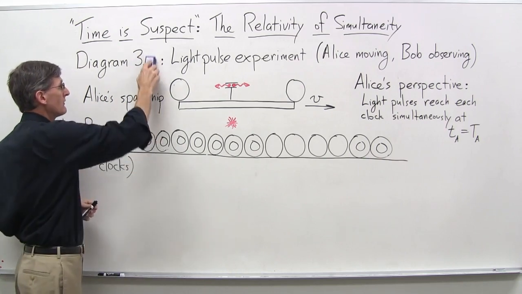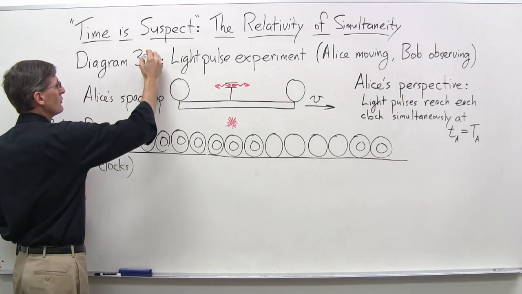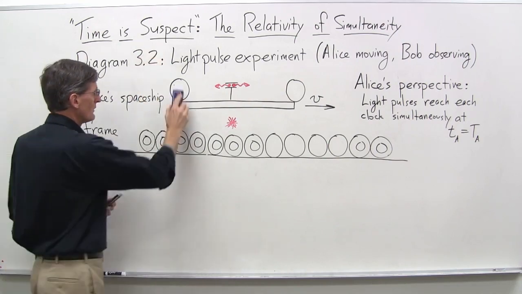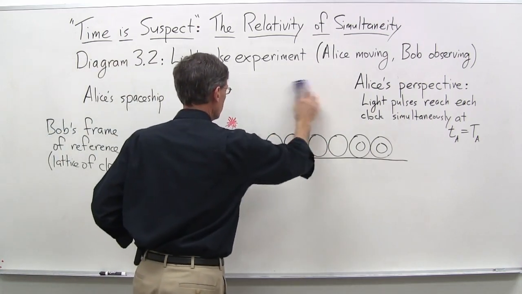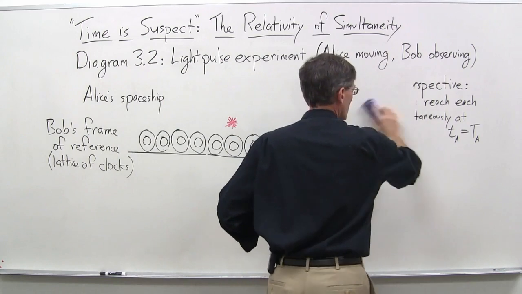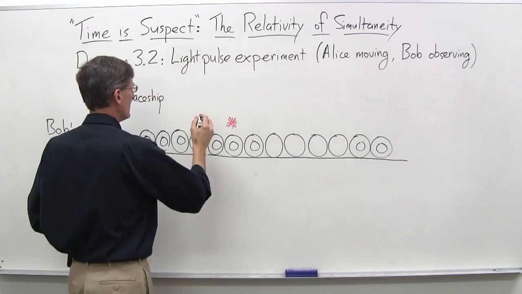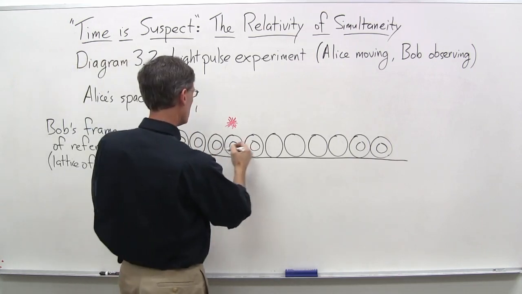Let's move on to diagram 3.2 and just move Alice over slightly here as she's going by. So diagram 3.2. Okay, so now her ship is something like this. So let's see, it goes 1, 2, 3, 4.